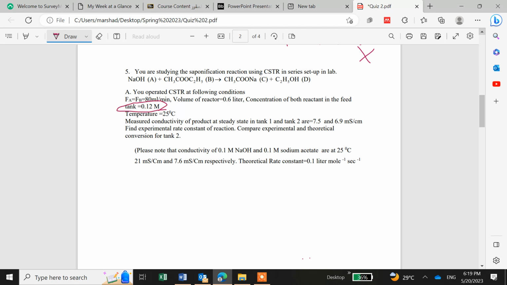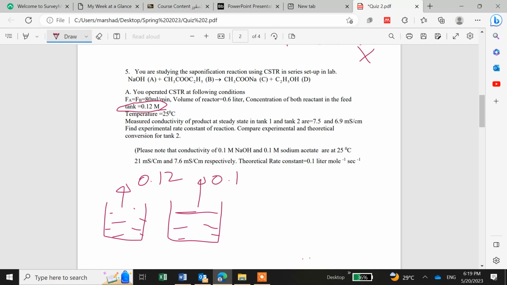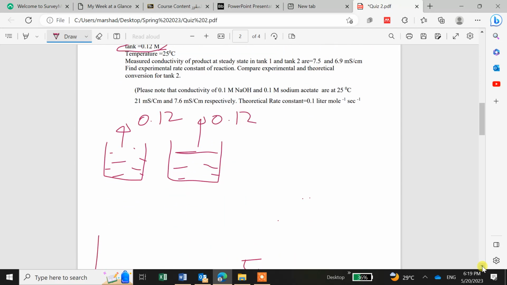If you remember, we had two feed tanks where you put the feed, NaOH and ethyl acetate. The concentration given here is 0.12 for both. From here we take the feed to the reactor, where it mixes and then goes into the plug flow reactor or the CSTR.